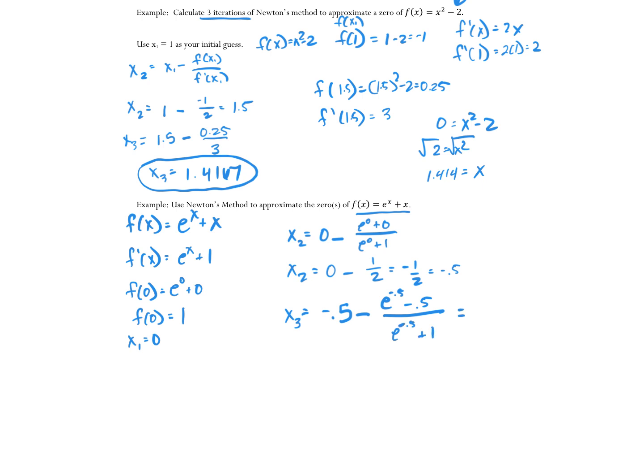Throwing that into my calculator, I found that to be negative 0.5663. Now I'm going to do the same thing one more time. I would have negative 0.5663 minus e to the negative 0.5663, and I'm just plugging this in.